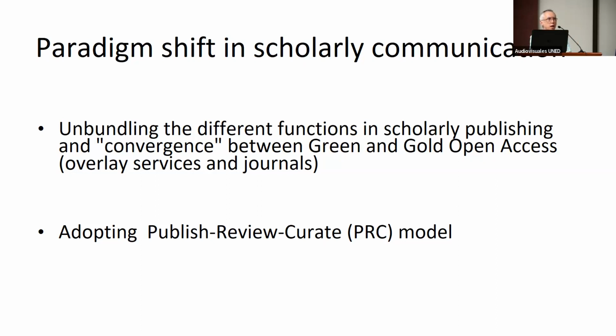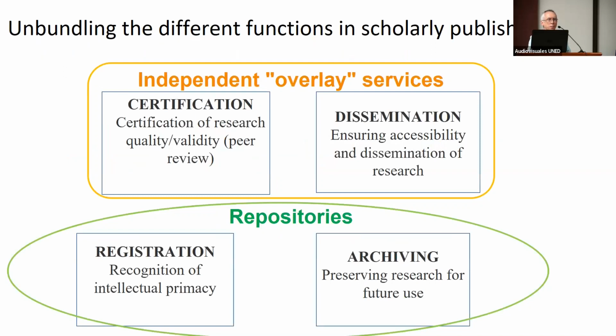The other point that I will briefly mention is the advantage of adopting the model that has been called publish, review, curate, where instead of reviewing before publishing, we publish, and then the review and curation are done at a later stage.